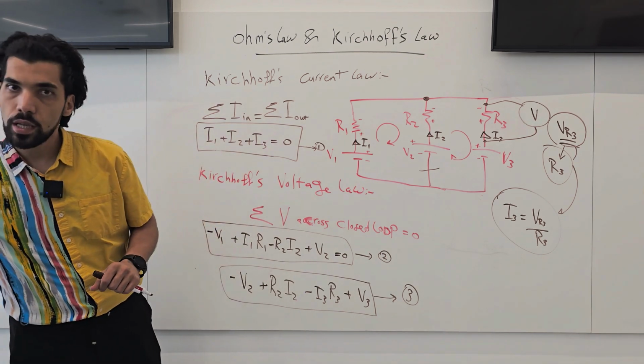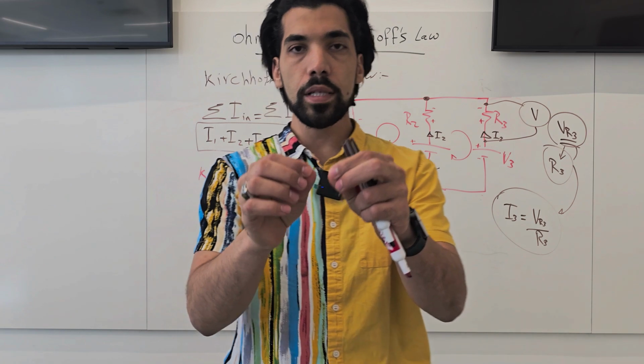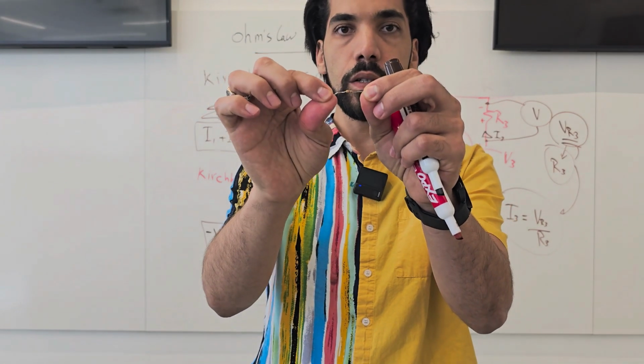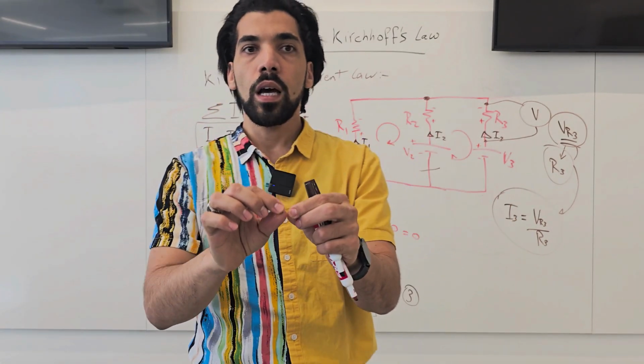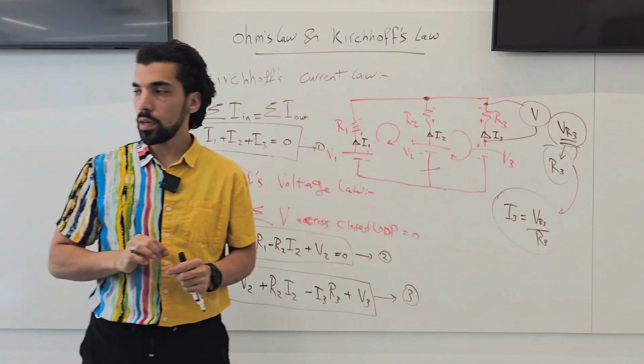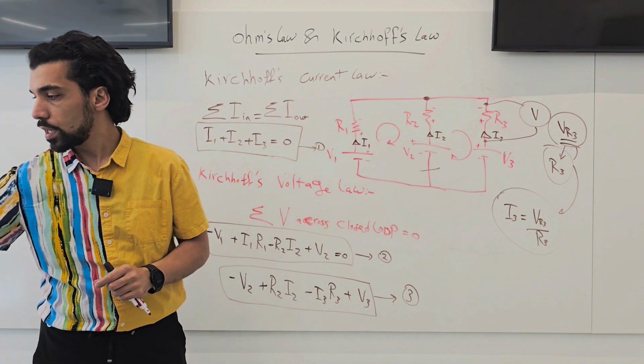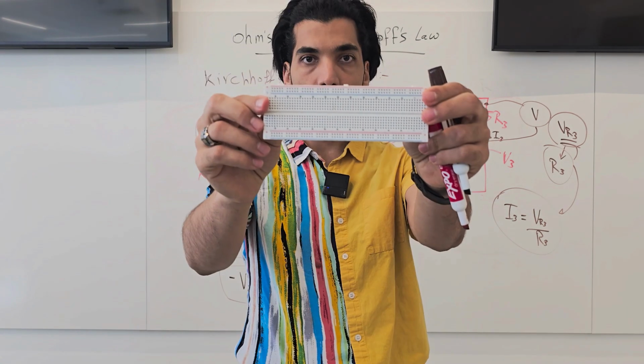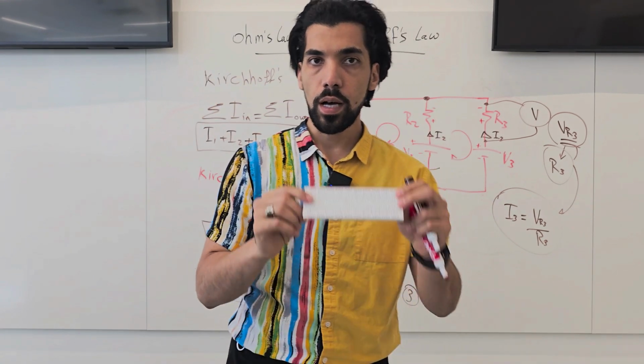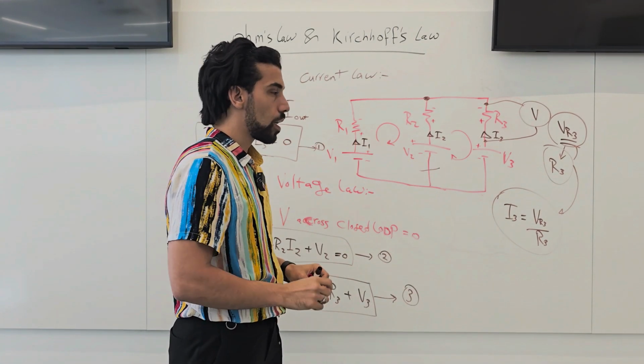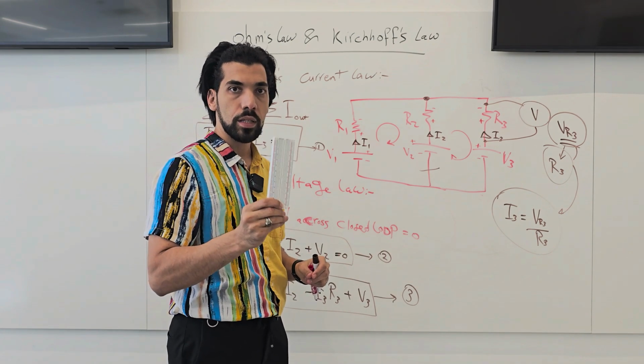So the resistors that we are going to use today are ceramic resistors, okay? We are going to use three of them, all different. And we will be using the white breadboard to do the setup. I'm going to illustrate right now how to use the white breadboard.